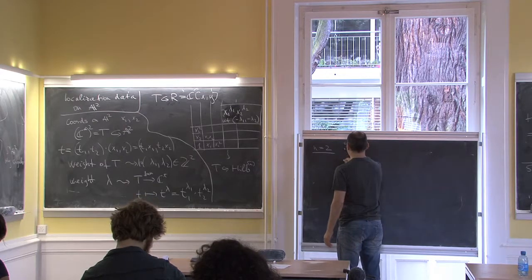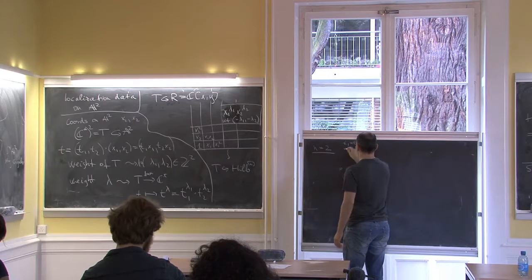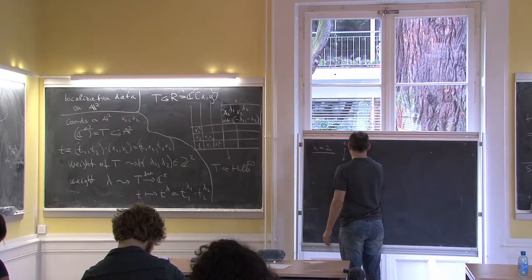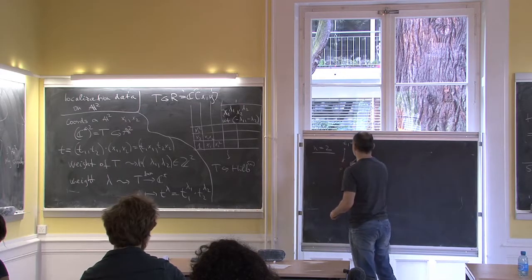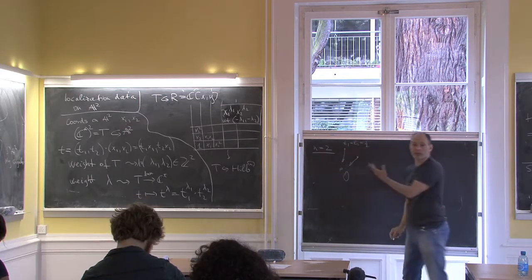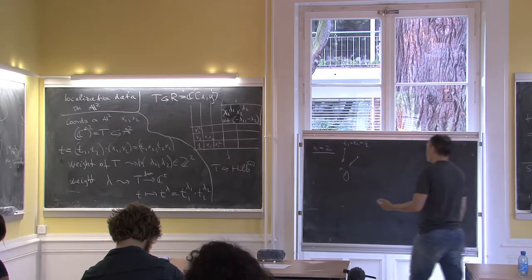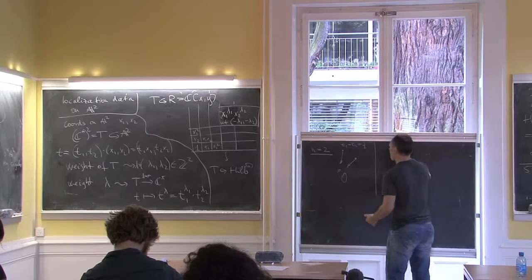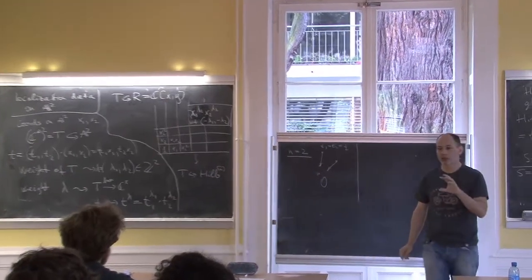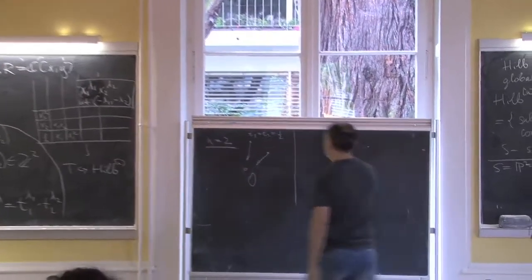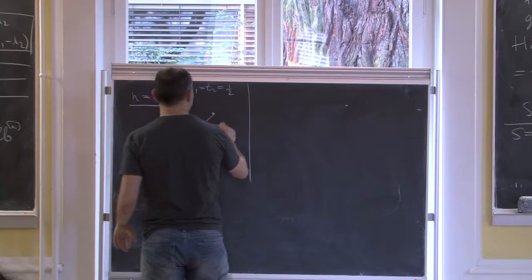This point is carried to here, and this point is carried to here. So the ideal of these two points will be carried to the ideal of these two points. I mean, that's the action, right? So it's kind of obvious. However, if I look at the situation where the ideal is contained at the origin, then it looks slightly different. So you remember, this is the case of two different points.